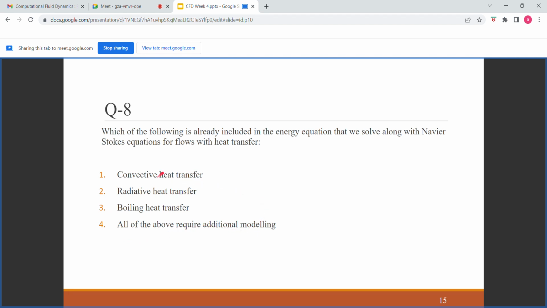That is not true, because convective heat transfer is already included in the energy equation that we solve along with the Navier-Stokes equation. So the answer to this question is option 1: convective heat transfer is included in the energy equation that we solve along with the Navier-Stokes equation for flows with heat transfer.